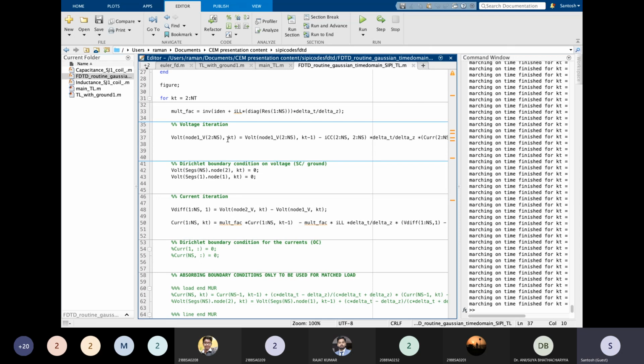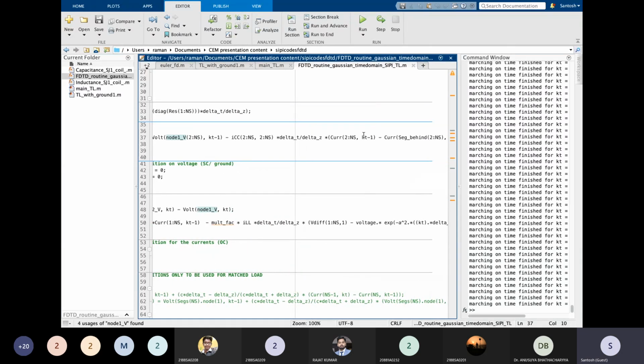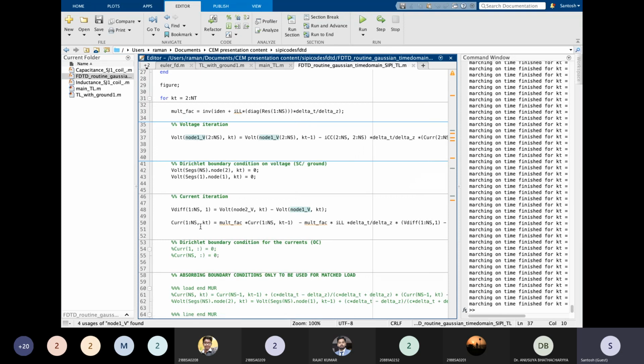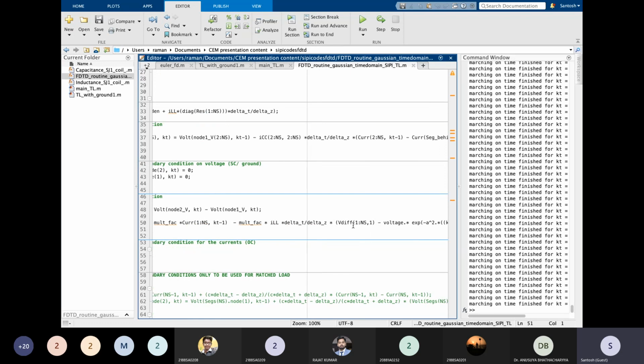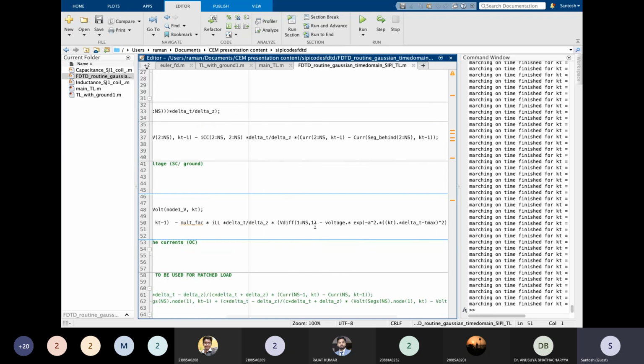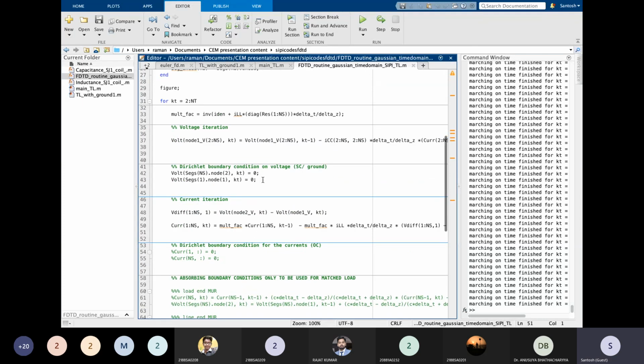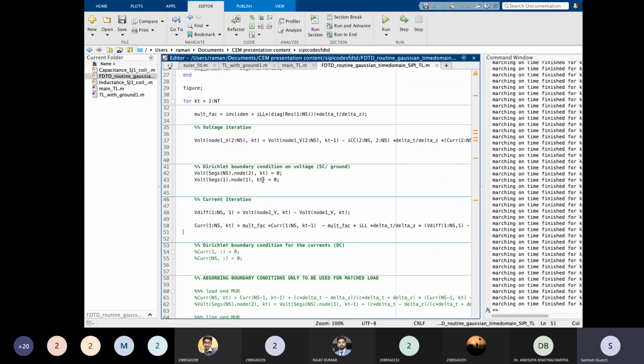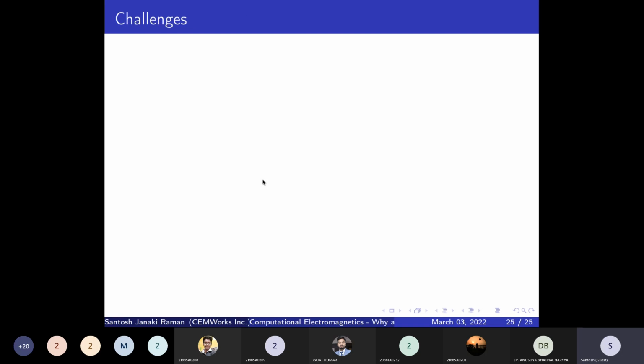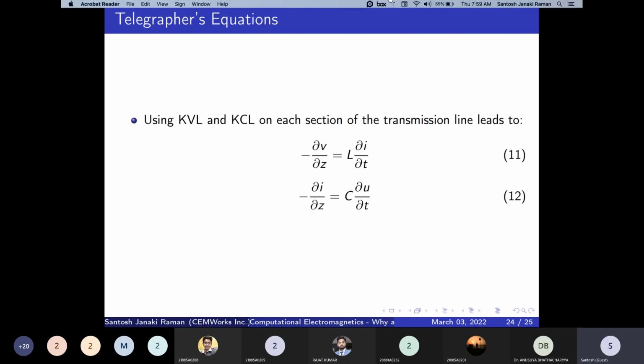That is, the current time voltages depend on the previous time voltages and the previous time currents. Similarly, the currents at the current time depend on the currents at the previous time and the voltages at the previous time. So these are the update equations, correct? And so this, I think, finishes the examples that I had tried to show today.